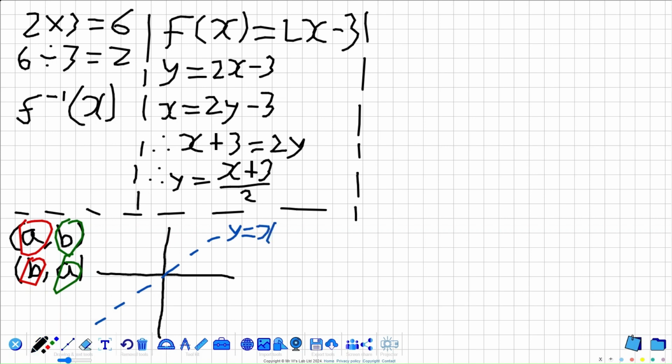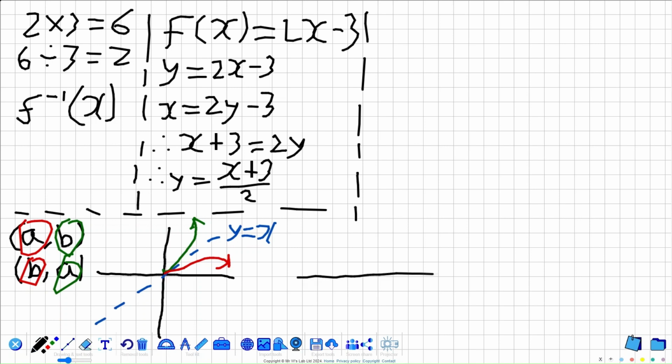Let's say we have a function, I'll do it in green, that looks a little bit like this, whatever that function might be. When we find the inverse, we'd be finding a graph that looks a little more like this. And as you would notice, if you look at the y equals x line, it's a reflection along that line.